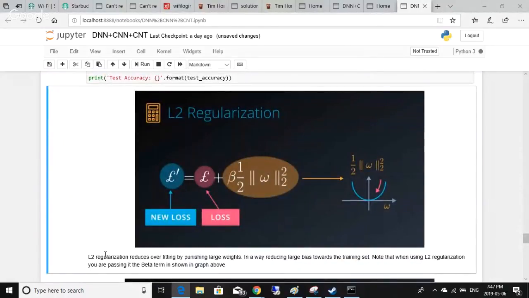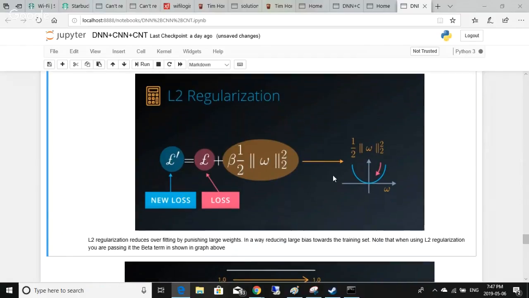All right, going to regularization. You can see the regularization equations here. This essentially adds to your loss a term, one half of the absolute weight squared.